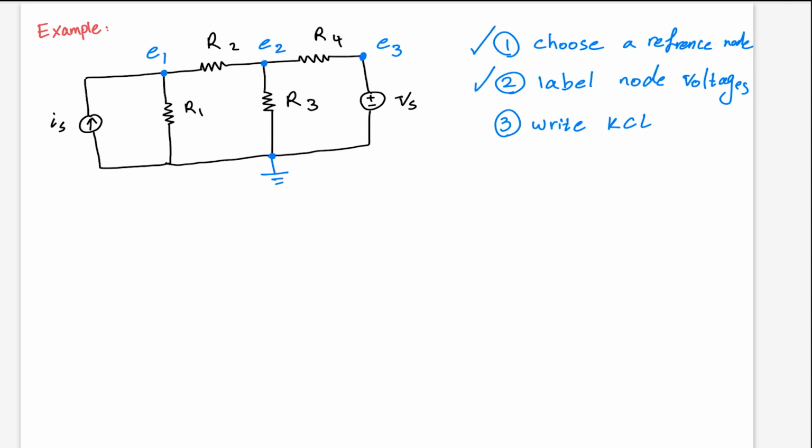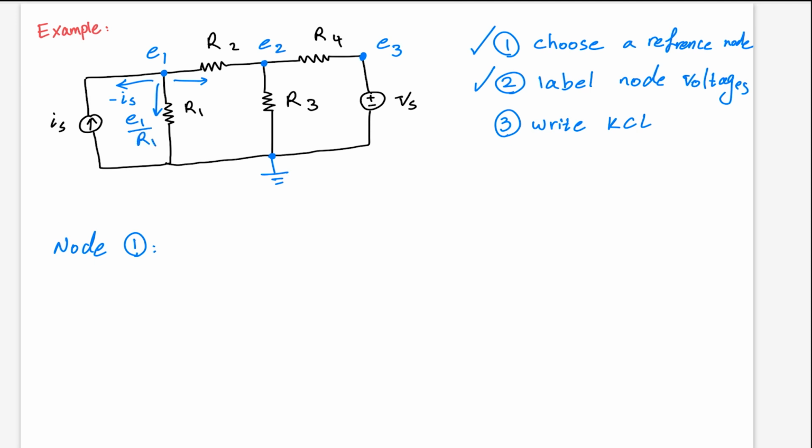Now let's go to step 3. We should write KCL for each node. In node 1, look at E1. We can write some currents going out of E1, like this. This current, as you can see, we can write as minus IS. This current, we can write as E1 over R1, right?